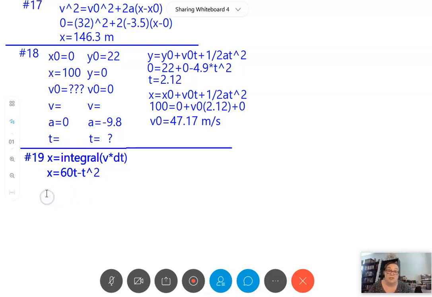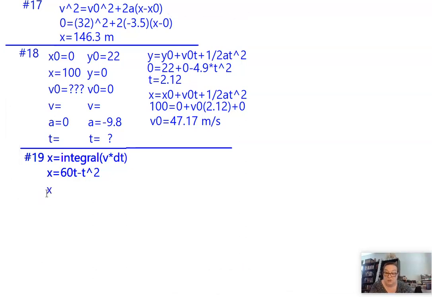Now we want to know the distance between time equals 10 and time equals 40. So x at time equals 10, we're just going to plug in 10 and see what we get. So we're going to have 60 times 10 minus 10 squared. So that's 600 minus 100, which is 500.